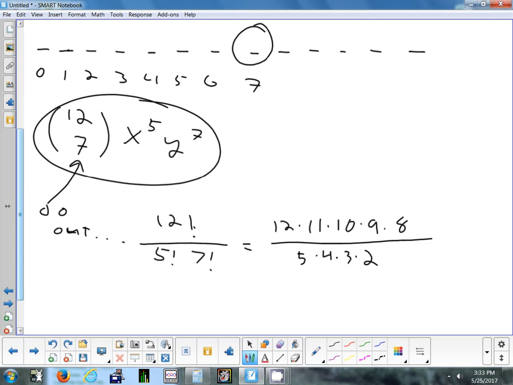Okay, so everything is going to cancel out. So what should we reduce the 5 into? How about the 4? 4 goes into 12. 3, we could just cross the 3 out. And then 2, we could just cross the 2 out. So what am I left with for a calculation? 11 times 9 times 8.